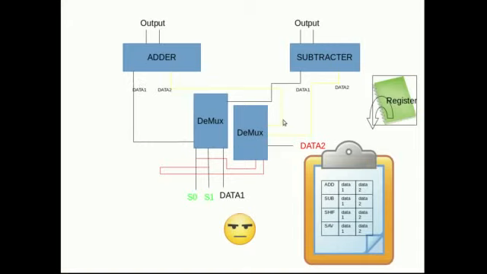And for subtraction he applied 0 1, so data 1 went here, and data 2 went here, and then to the subtractor. And similarly for the shift register, he applied 1 0, and for saving or simply transferring the data to a memory or flip-flop, he put 1 1.